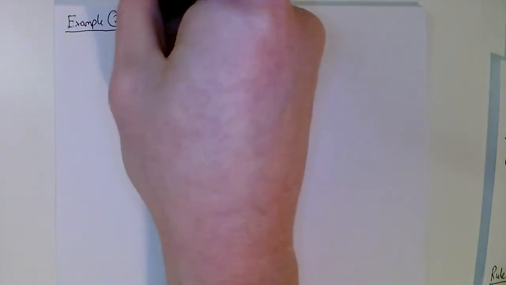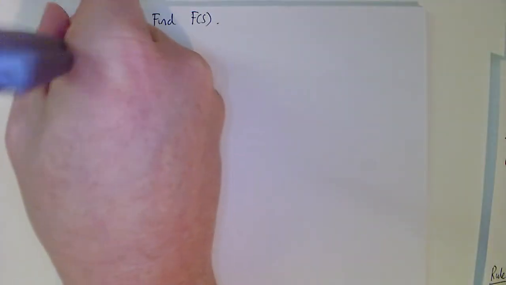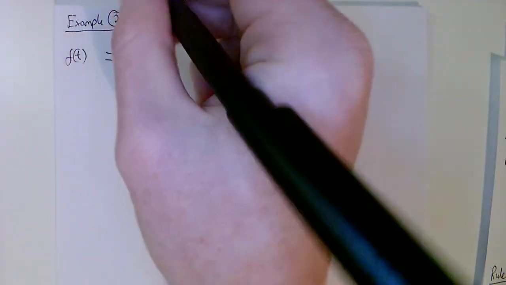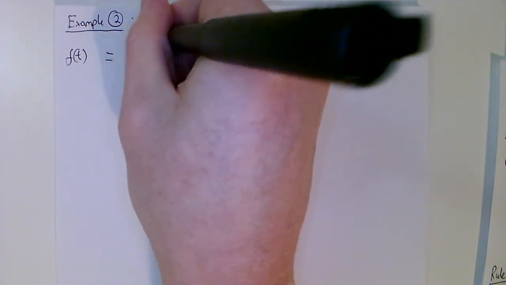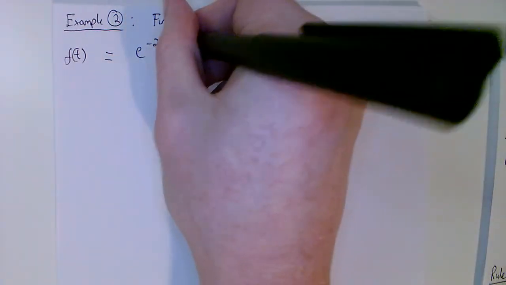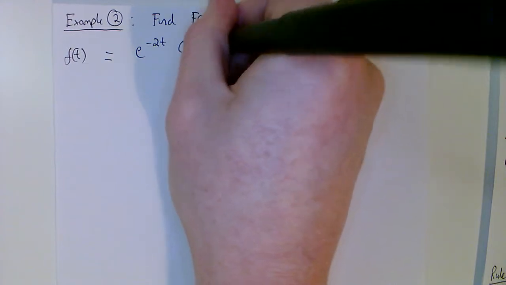Example 2. Find F(s). So let's try f of t equals e to the power of negative 2t cos 5t.